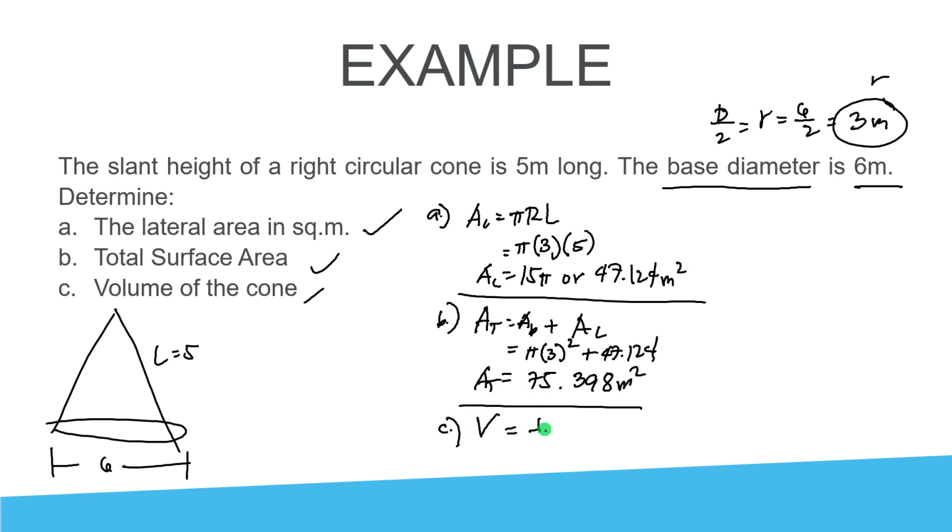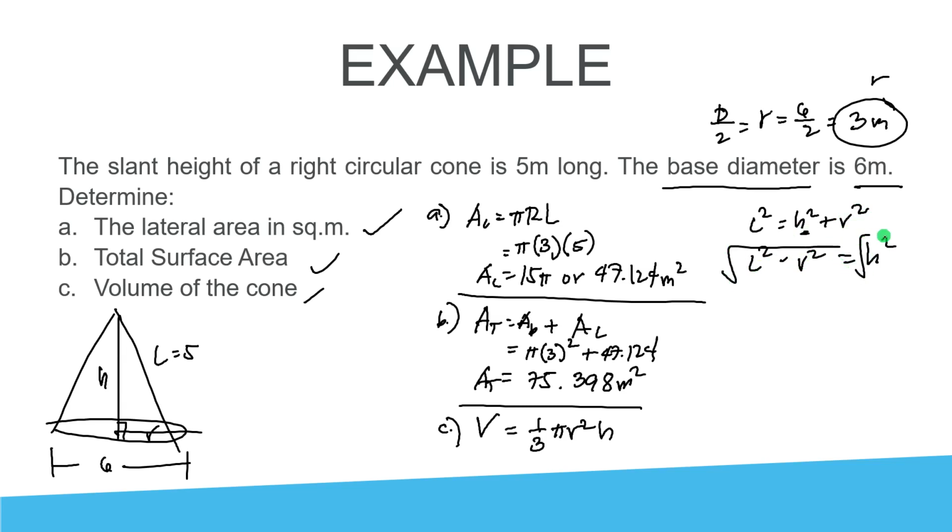For letter C, volume of the cone. The volume of the cone is one third pi r squared h. We don't have the altitude yet. So if this is h, this is r. By the Pythagorean theorem, L squared equals h squared plus r squared. To determine h, L squared minus r squared equals h squared.